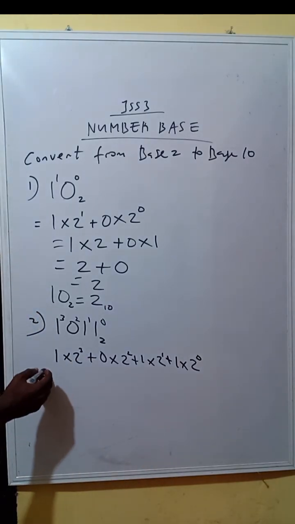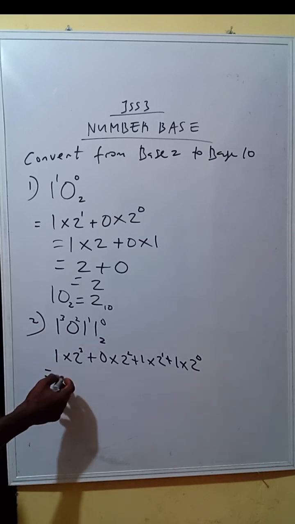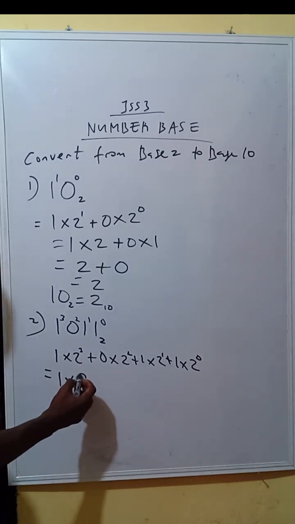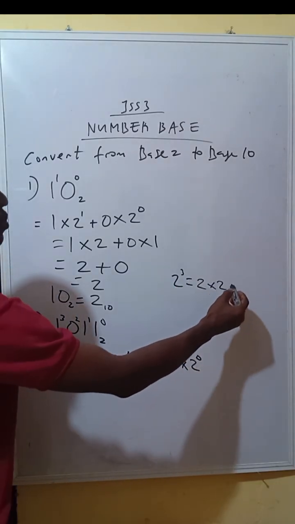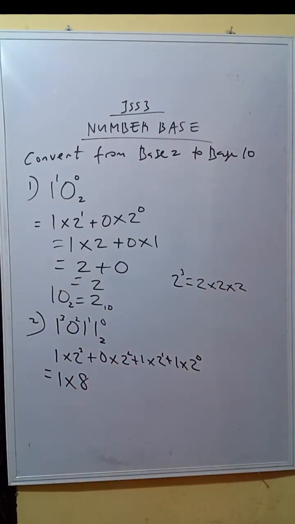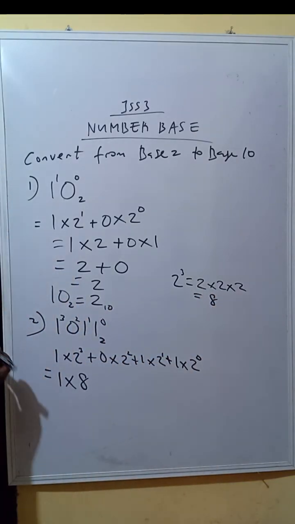So you then simplify. How do you simplify? 2 raised to power 3 is 8. Why is 2 raised to power 3 8? 2 raised to power 3 is simply 2 times 2 times 2, which is what? 2 times 2, 4, 4 times 2, 8.